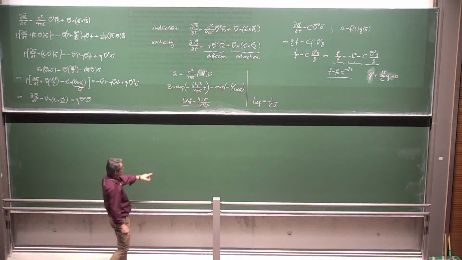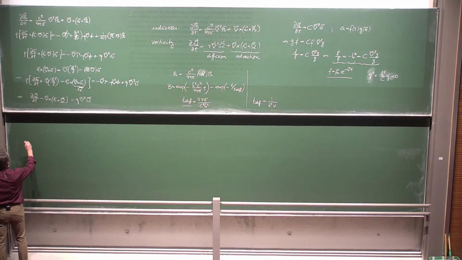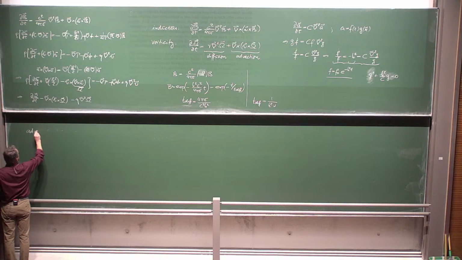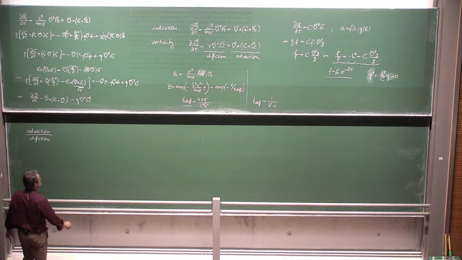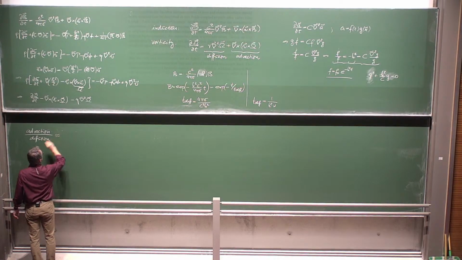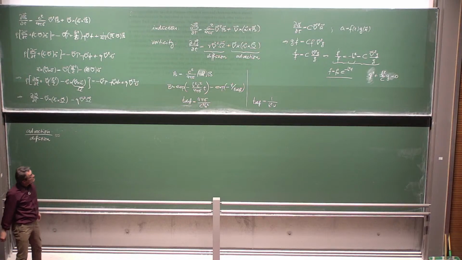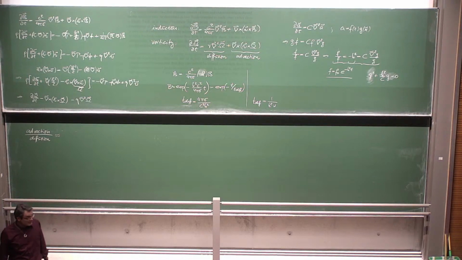I should write it down here, but I'm going to need the space. So we take the ratio of advection and diffusion, and we approximate all the gradients that appear there, or all the spatial derivatives, by taking 1 over L. That sounds crude, but it isn't.